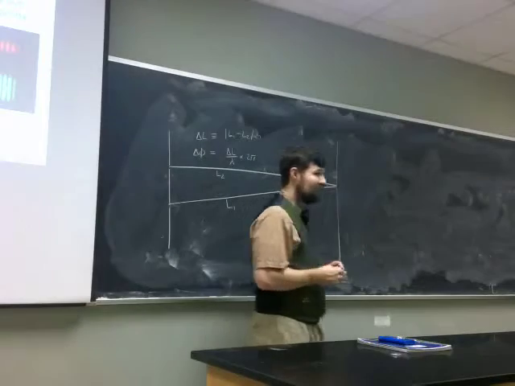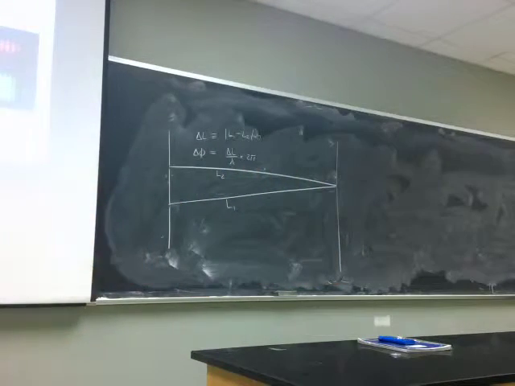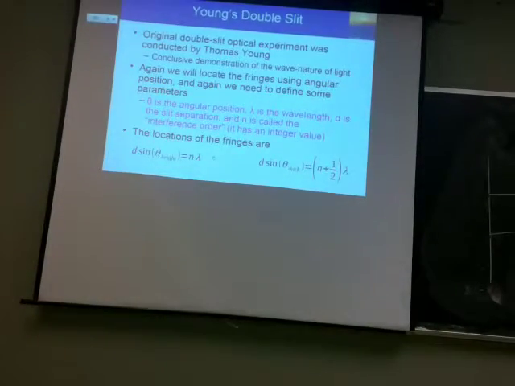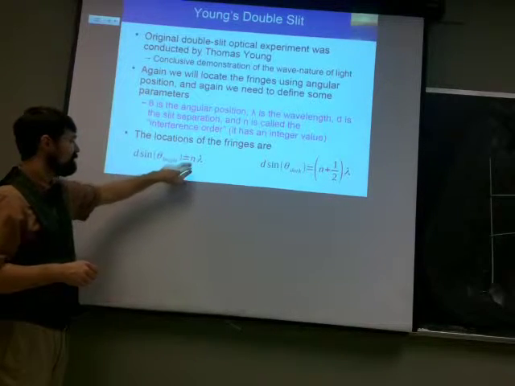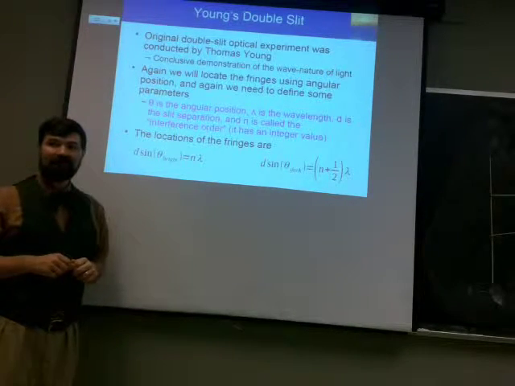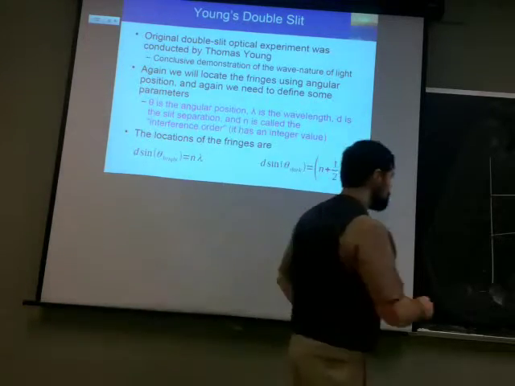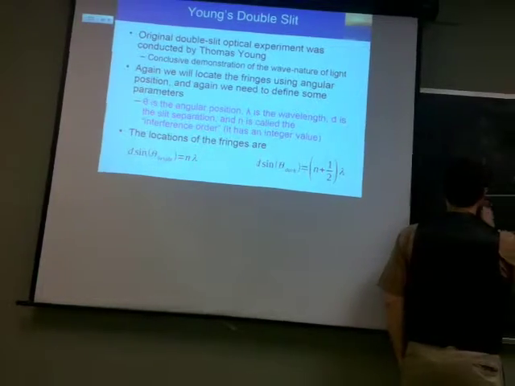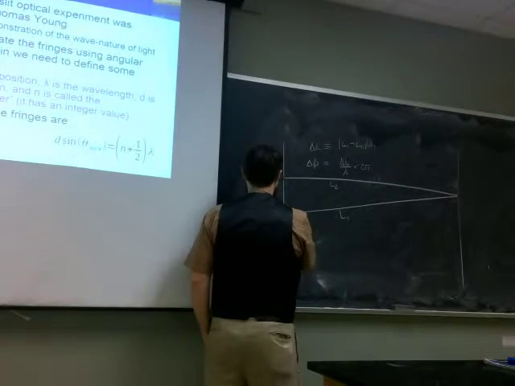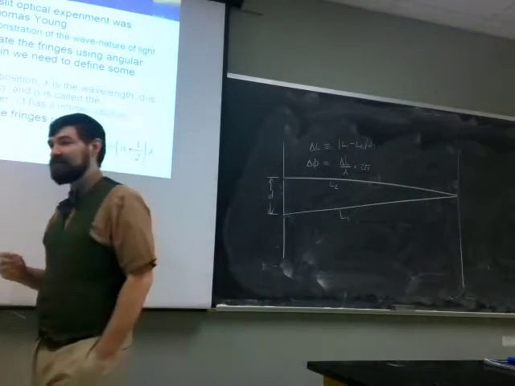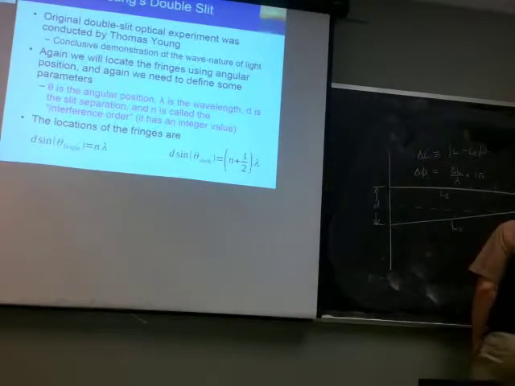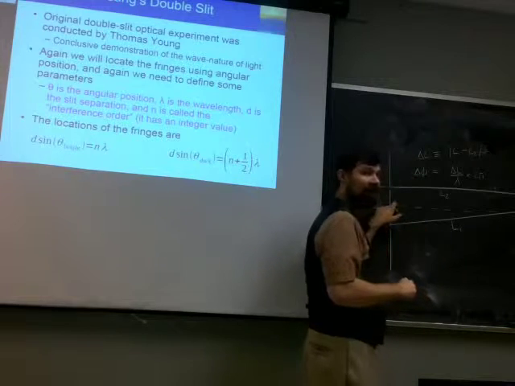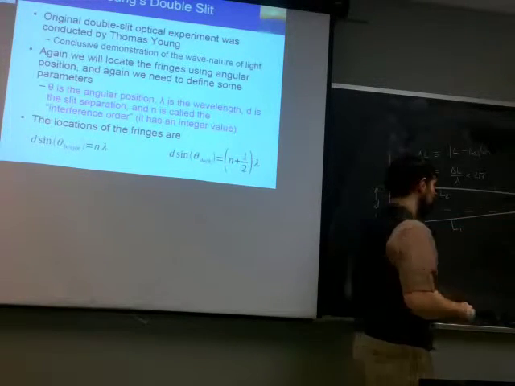All right? And it turns out that the pattern that tells us whether it is going to be bright or dark is this. D times the sine of theta is n lambda for a bright spot. What is D? D is this distance right here. Lambda is your wavelength. Theta, again, I've drawn a dashed line that's perpendicular here and perpendicular there.